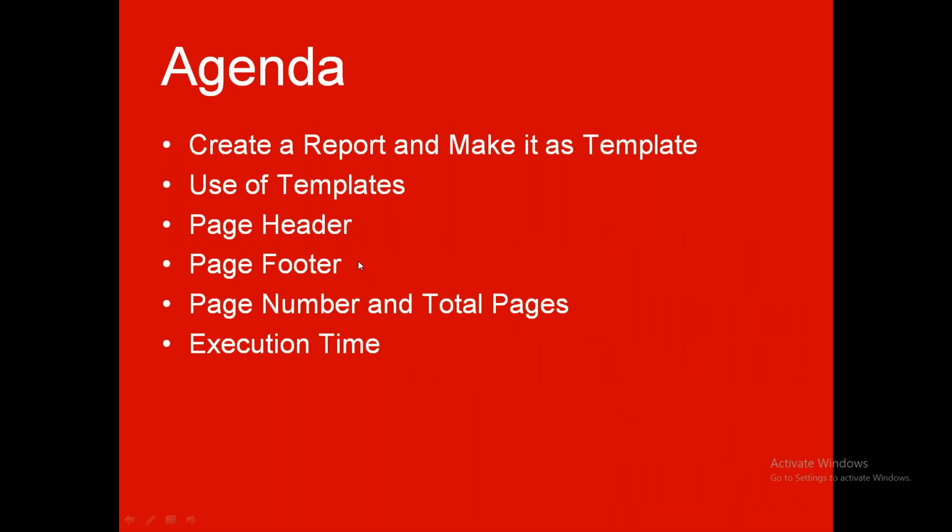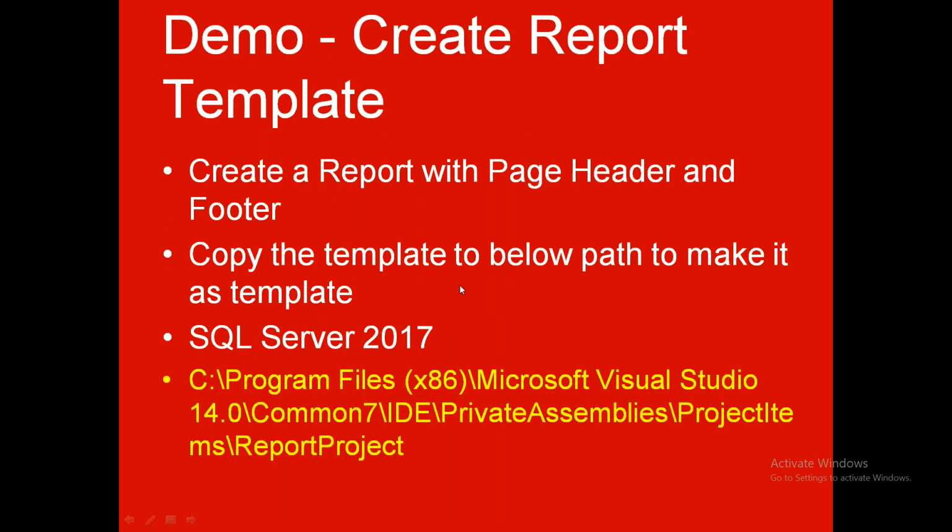So now the agenda would be: create a report and make it a template, use of templates, and use of the page header and footer, page number and total pages, and execution time. All these things we can use as part of our template. Now, after creating a template, what do we need to do? First, you need to create a report with page header and page footer.